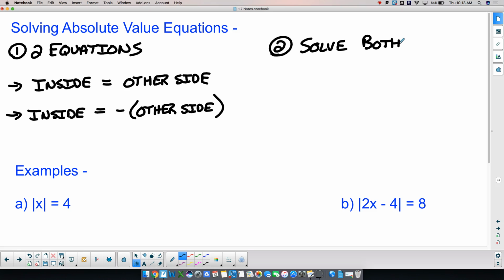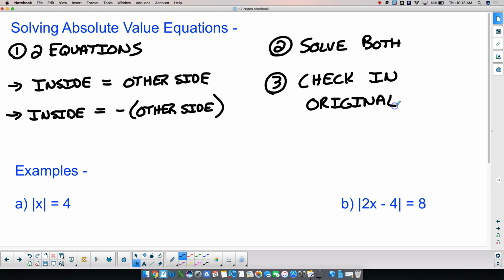Check your answers. Where am I going to check my answers? Am I going to check them in these new equations that I made over here, or back in my absolute value equation from the original problem? Yep, I'm going to check it in the original problem. So that's where we're going to check it.